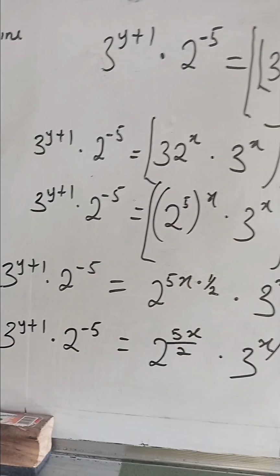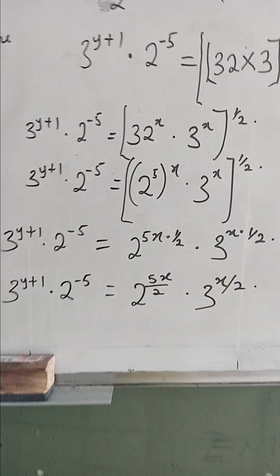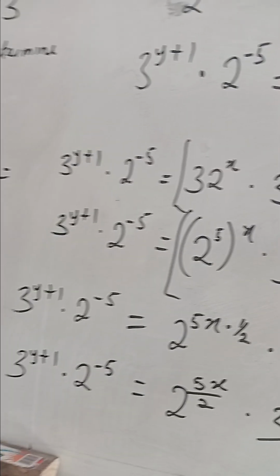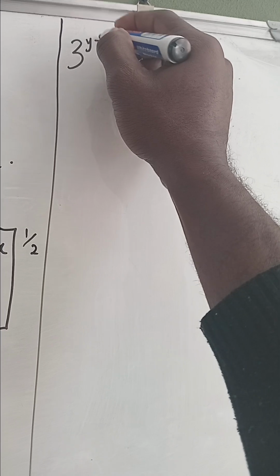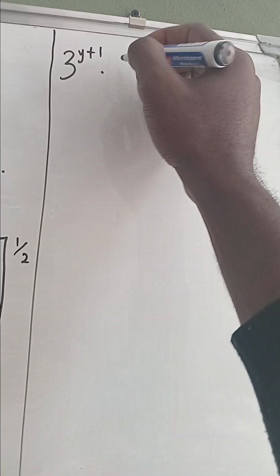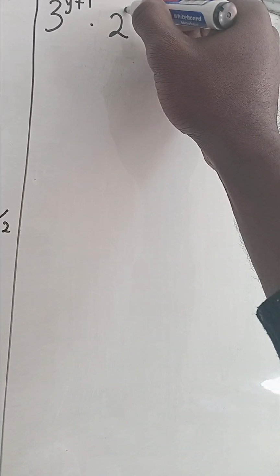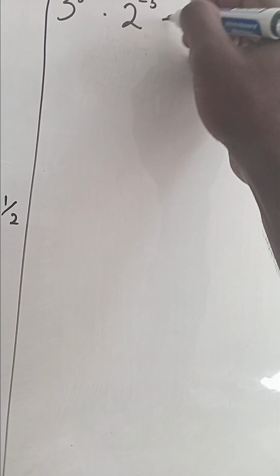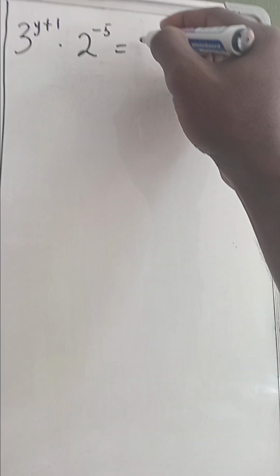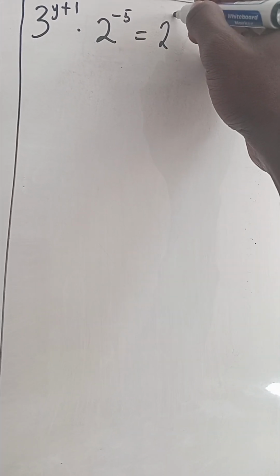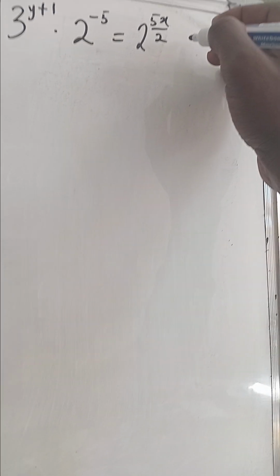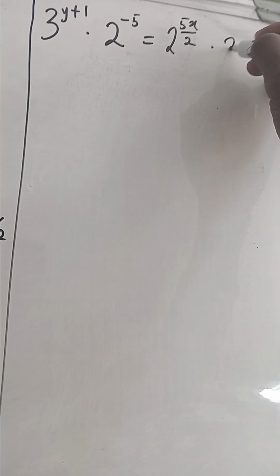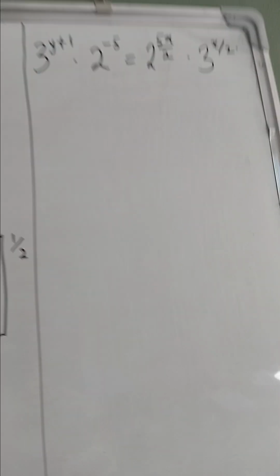Then from here, I can proceed to say I have 3 raised to the power of y plus 1 multiplied by 2 raised to the power of minus 5 is equal to, I'm rewriting my expression, 2 raised to the power of 5x over 2 multiplied by 3 raised to the power of x over 2.